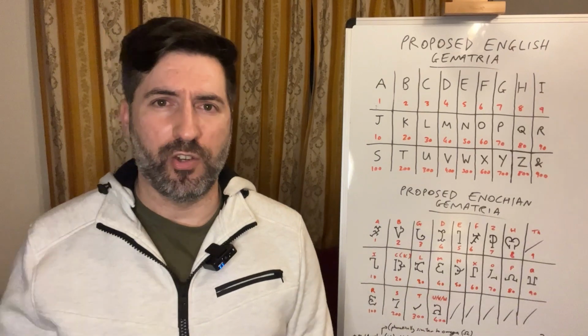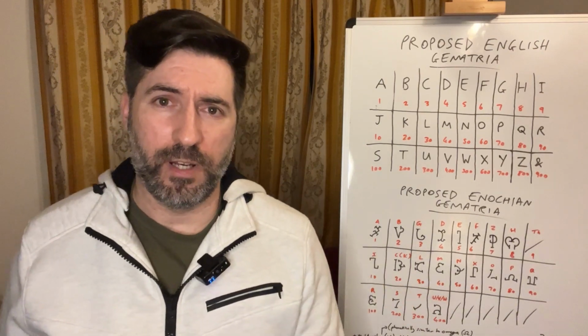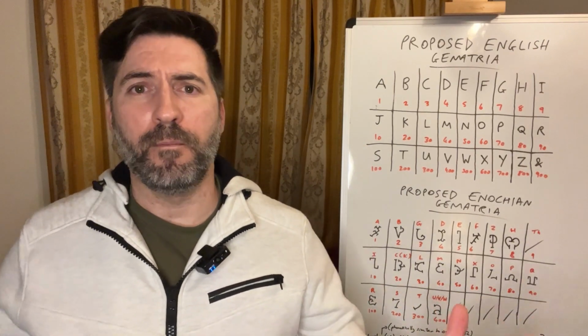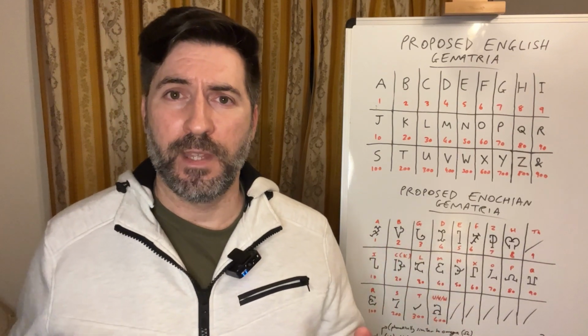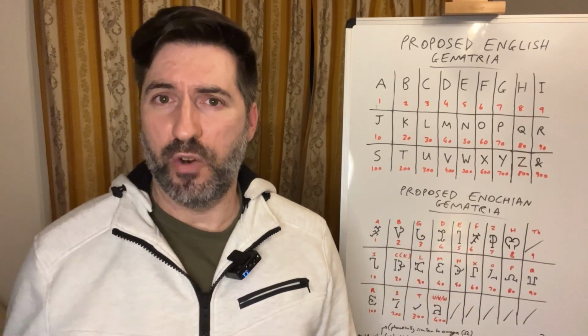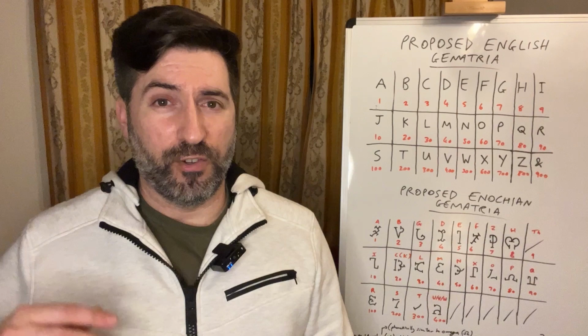Now, ancient Egyptian is not the oldest written language. It's certainly up there, but it's got a big competitor in the form of Sumerian cuneiform script, which is probably older.